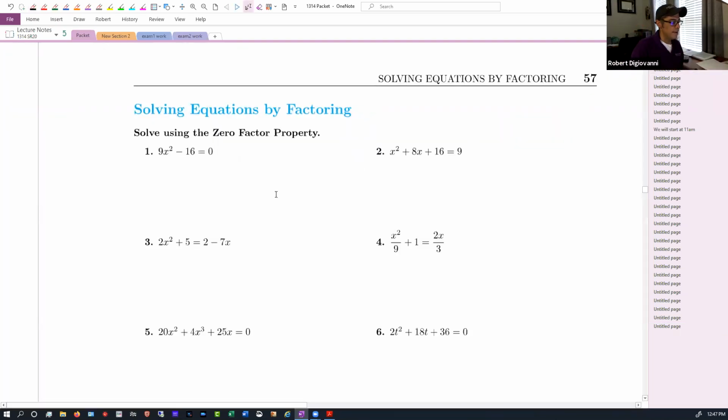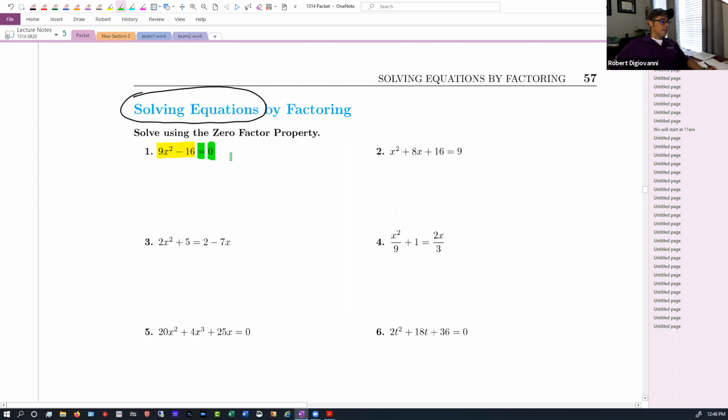And so that's what this is about now. Can we solve an equation using factoring? So let's look at number 1 here. We have 9x squared minus 16 equals 0.